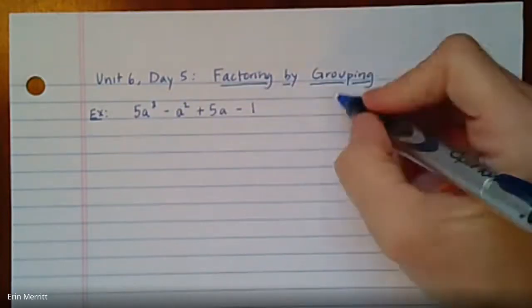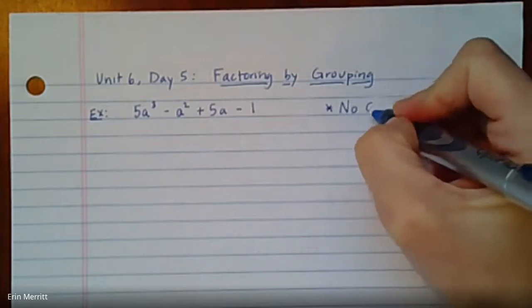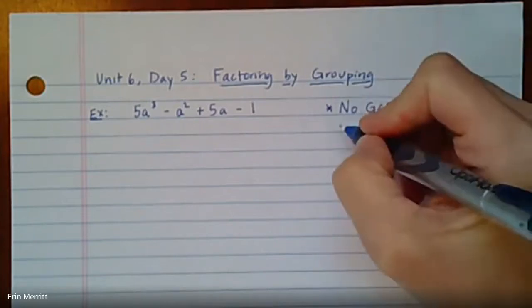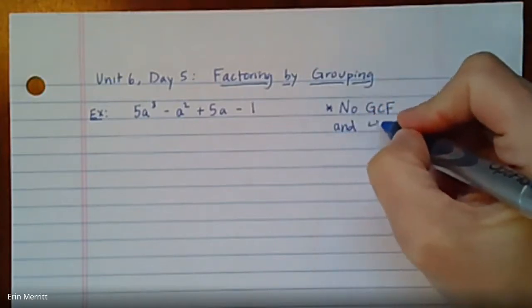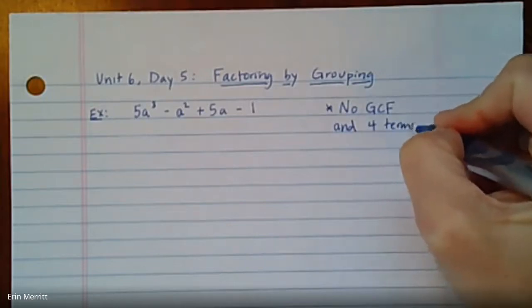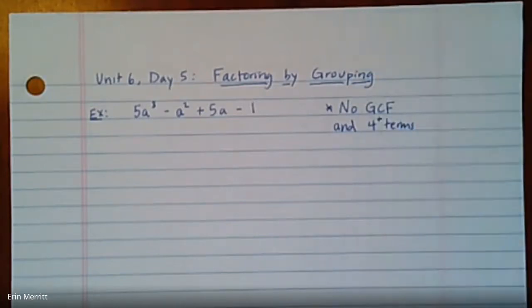So when you see that there's no GCF and we have 4 terms, and I'm going to say 4 plus because technically there can be more than 4, but most of the time it's going to be 4, what we're going to look for is something called factoring by grouping. And it's called that because that's exactly what we do.